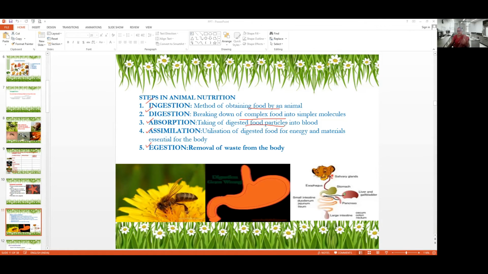Then only we'll be getting energy for our whole body. Okay. Next, assimilation. All the digested food should be utilized by our body for energy and materials essential for our body. That is, the proteins will be developed. So that you will be learning in the higher classes. Next, egestion. Removal of waste from our body. Okay. So next, coming to the next slide.